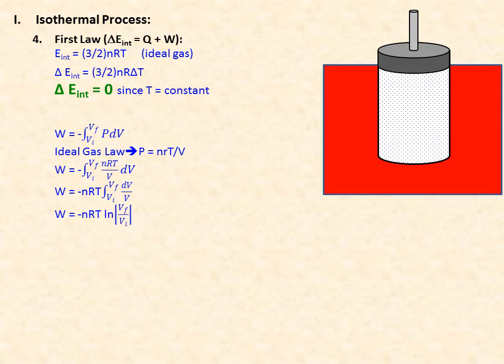A negative amount of work being done on the gas is synonymous with a positive amount of work being done by the gas on the environment. So in this case, we get useful work out of our gas as that gas expands, doing work on the environment.